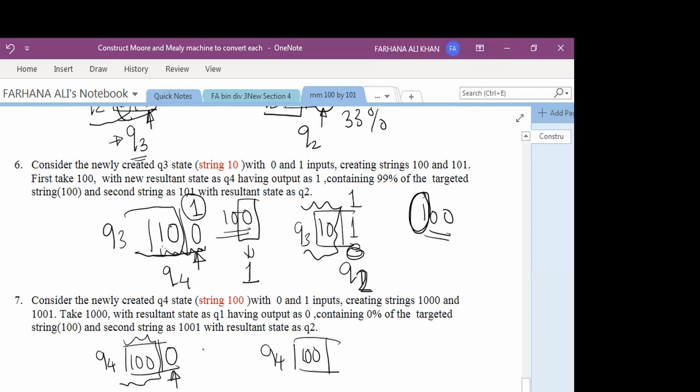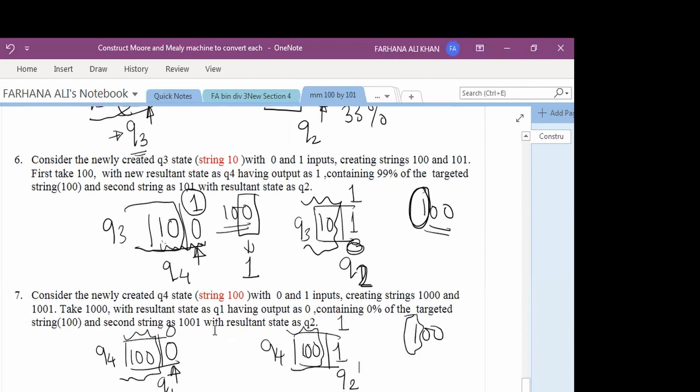Only 0 means 0% of your required string, which is indicated by the Q1 state generating the output symbol 0. Now Q4 with the next bit as 1 contains only 33% of the required string, which is indicated by Q2, whose output will be 1. Now we have to check whether any new state is generated. We have considered all the symbols 0 and 1 with all the resultant states.